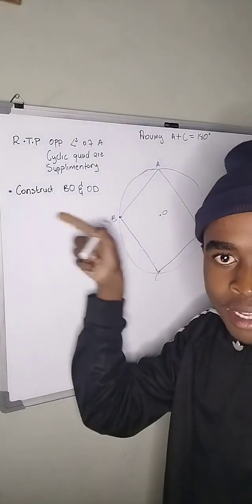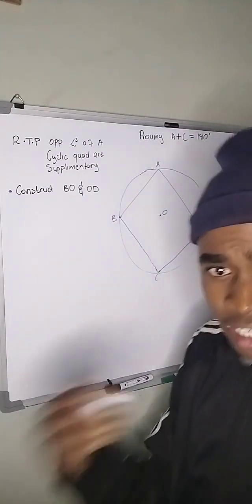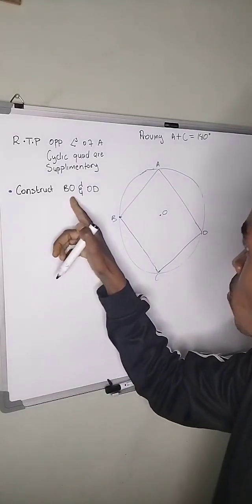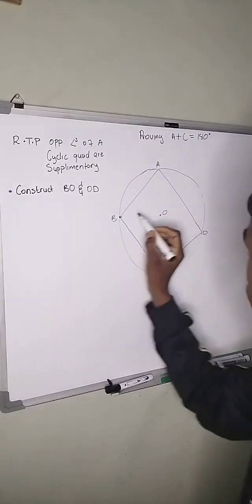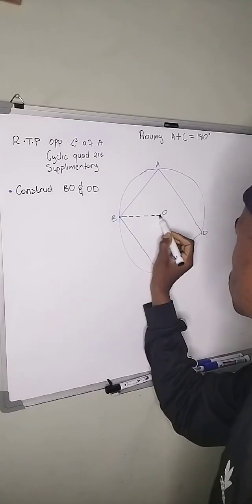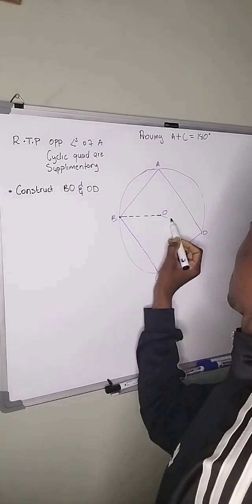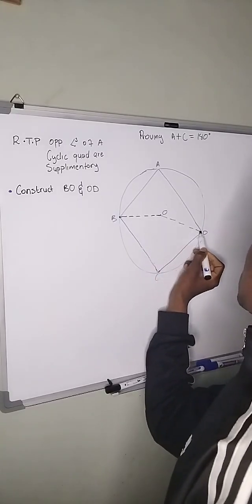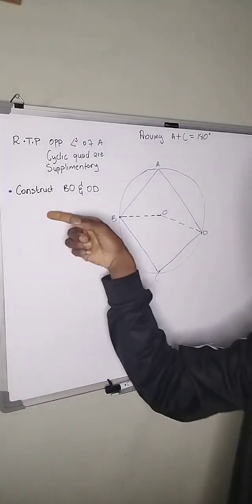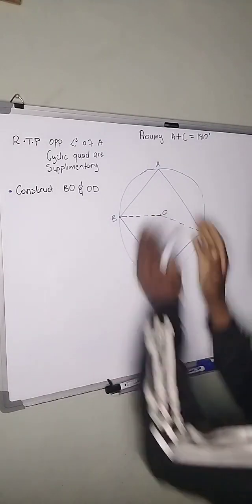After having this statement, now you start to construct. This is the construction line BO, and now we are going to construct OD. Don't forget, you write this statement and you construct.